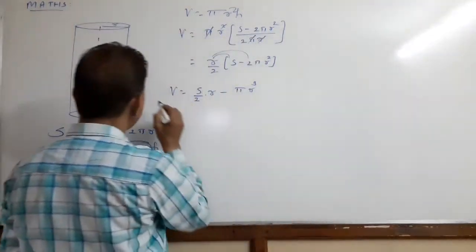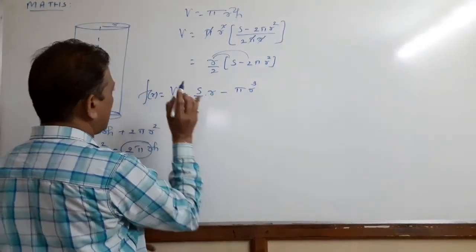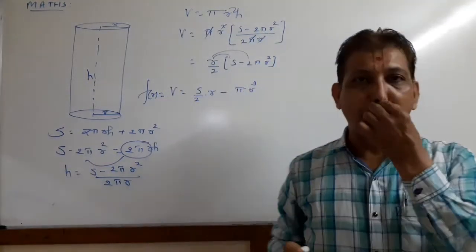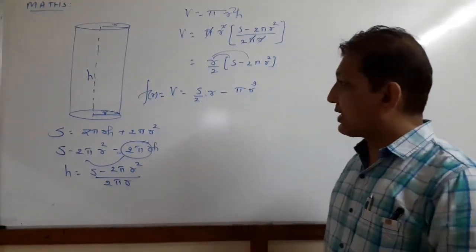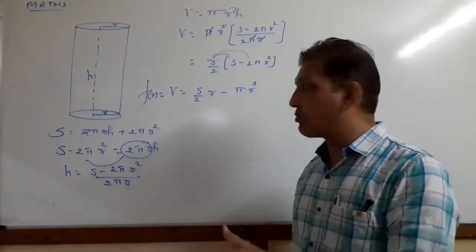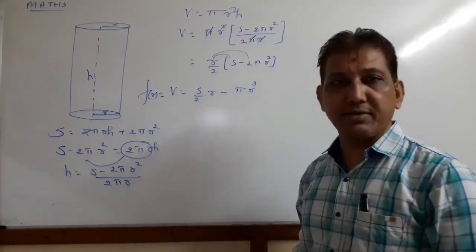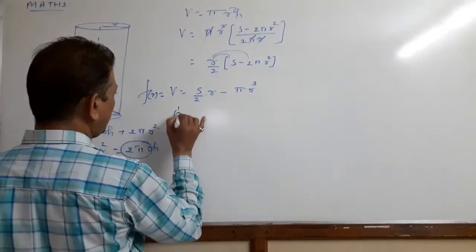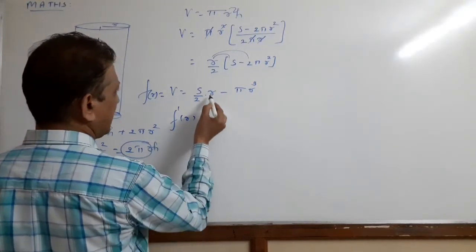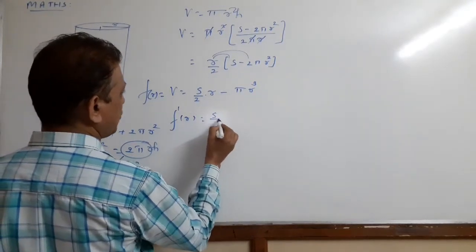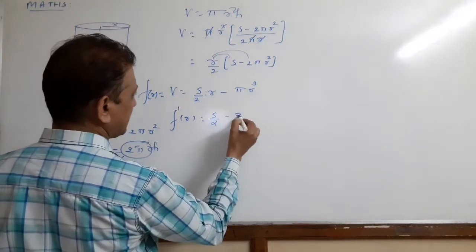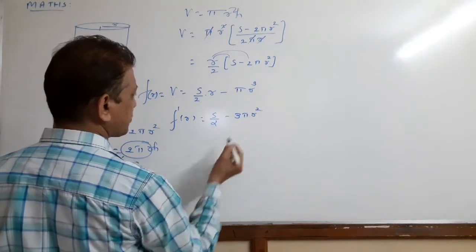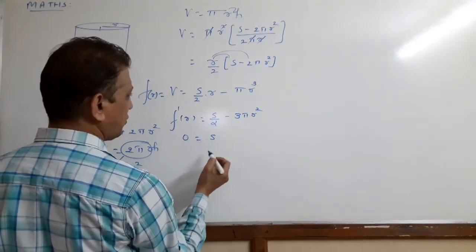This is our function in variable r. You can write it as V or f of r, both are fine, because our function has only the variable r. Now derivative: f dash r, the derivative of r is 1, S by 2 is the coefficient, and here 3 pi r square. Now f dash r equal to 0.